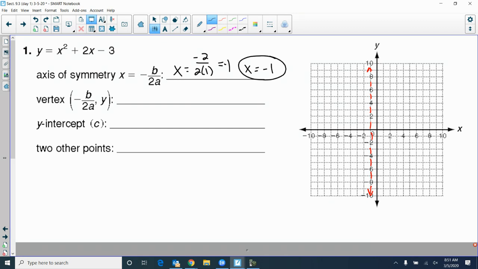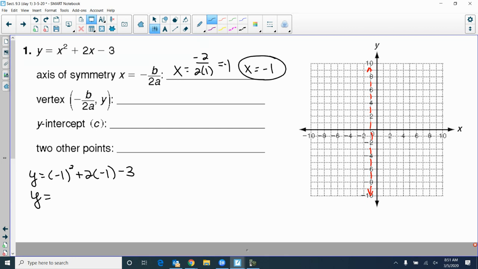You got a little bit of room below there. To find the vertex, you plug in -1 into the equation. Read real carefully, because if you get this wrong, it's going to make everything else a little more difficult.